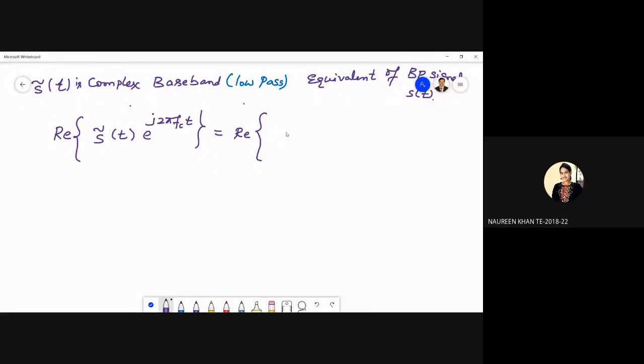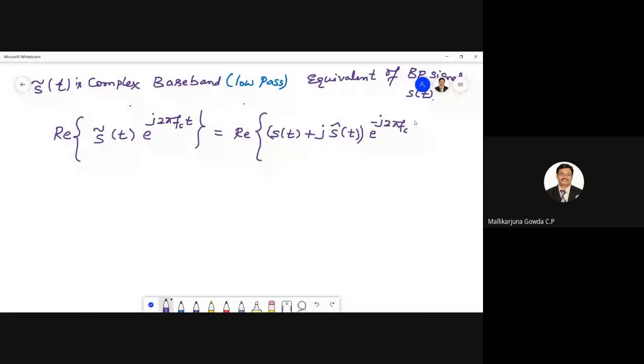S of t plus j into S hat of t. Yes, S of t. Continue now. Plus j into S hat of t. This entire thing is multiplied by e power minus j2 pi fct.